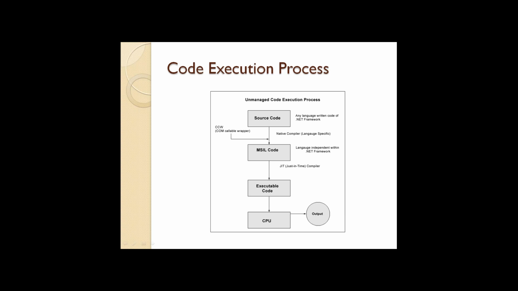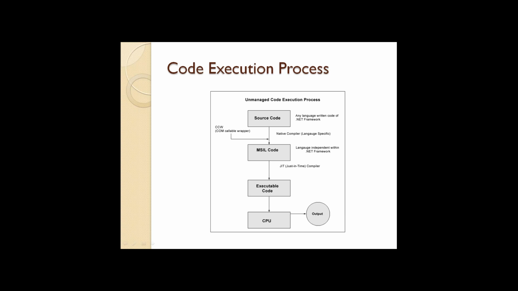So the CLR will convert that MSIL code or executable code into the CPU or operating system understandable language. After that, we'll get an output. So this is the code execution process.